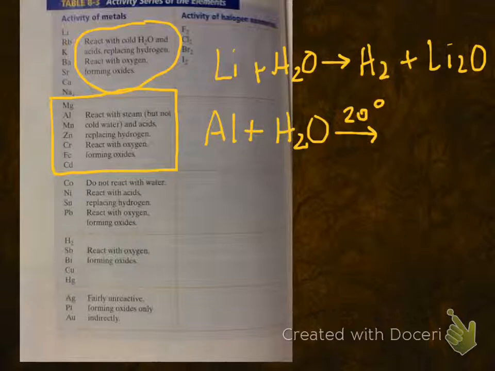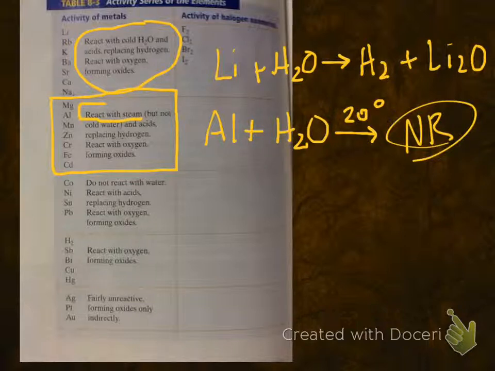If I put aluminum in water at 20 degrees Celsius, that's room temperature, you're sitting in about a 20-degree room, will it react? Why not? Because these in this block will react with steam, but not with cold water. So no reaction. No reaction is going to happen. And we very often just will write NR.